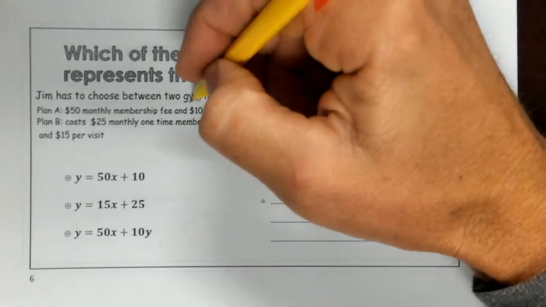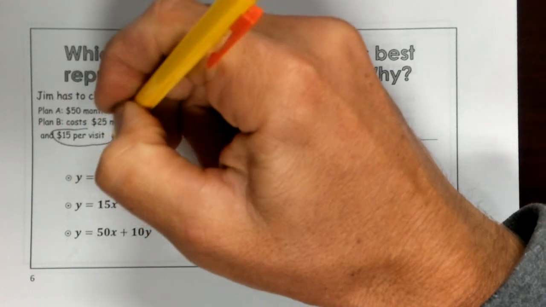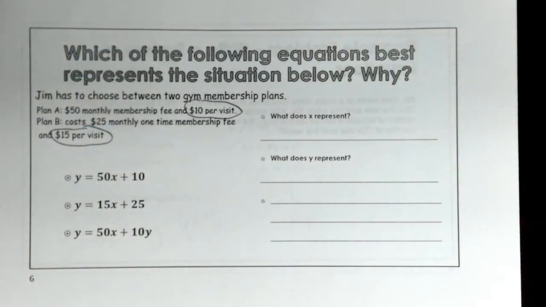Okay, so here we've got $10 per visit. Here we've got $15 per visit. Now, let me give you a hint. When you see the word per, that is telling you that is the number that is going to be associated with your X. That's your rate of change.